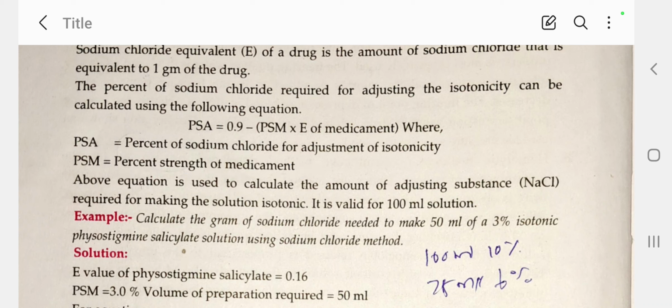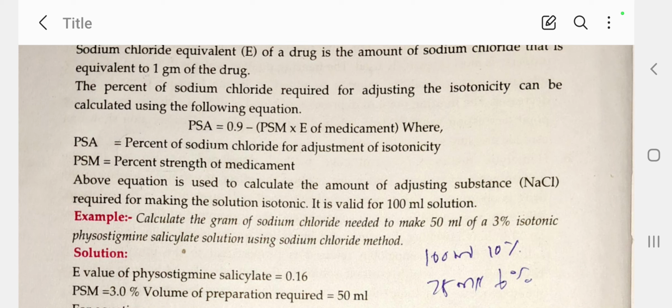The above equation is used to calculate the amount of adjusting substance, that means how much sodium chloride is required to adjust 1 gram of the drug substance. This is known as the tonicity equivalent method or sodium chloride equivalent method.